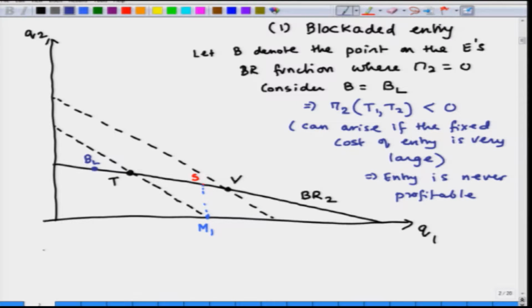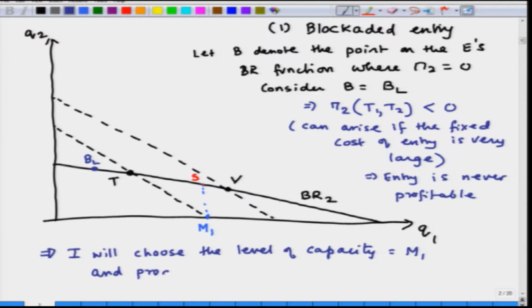So, the incumbent will choose the level of capacity equal to M1 and produce the monopoly output, again M1.